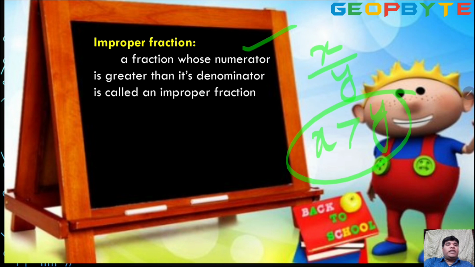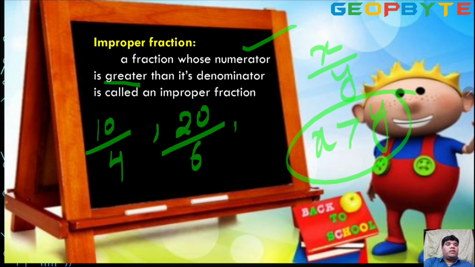Numerator is greater than its denominator. So 10 by 4, 20 by 6, 200 by 15. This type. Numerator greater than its denominator is called an improper fraction. Okay, kids.